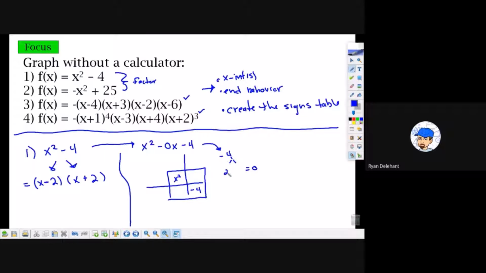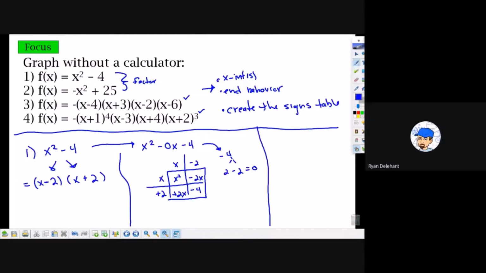Well, that's 2 minus 2, so this is negative 2x and positive 2x, and then we can factor it using the box the exact same way. All difference of squares you can still factor in a box. So if you were to for some reason forget that rule, you could still draw a box, put a 0 in the middle, 0x, and you could factor it. This is going to give me the x minus 2, this is going to give me the x plus 2. Okay, so all of these are still box factorable.